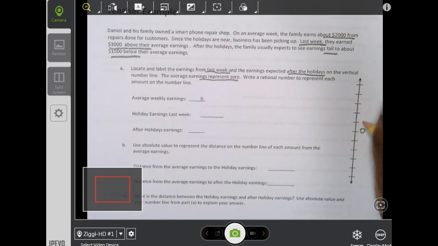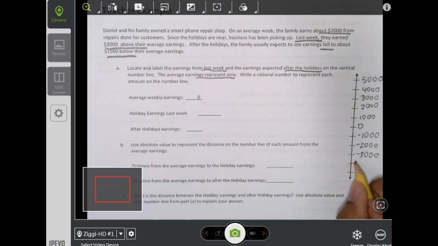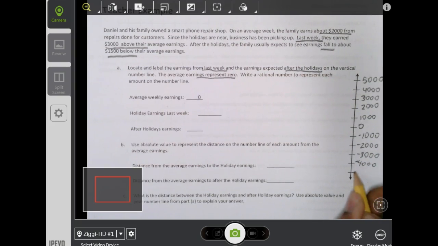So let's label this 1,000, 2,000, 3,000, 4,000, and 5,000. So let's start at 0 and let's label our negatives. Negative 1,000, negative 2,000, negative 3,000, negative 4,000, and negative 5,000.